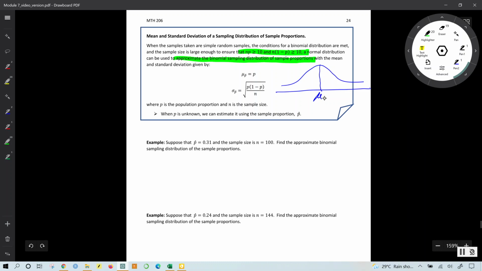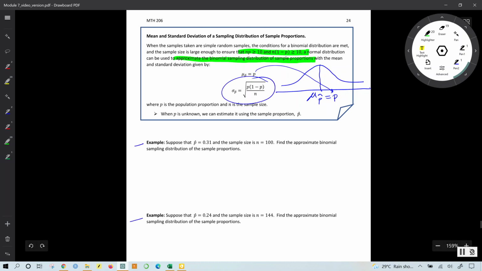We're going to need the mean of the sample proportion, which we denote by mean of p hat, and that is always equal to the population proportion if it exists, and is equal to the sample proportion if the population proportion does not exist. I'll illustrate this in the examples to follow.